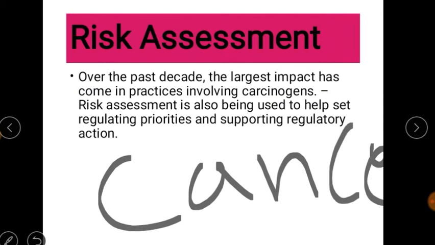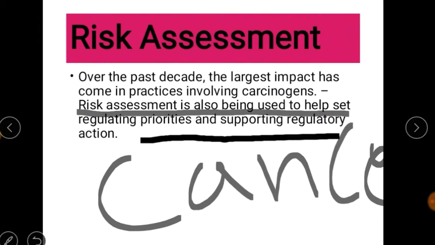Risk assessment is also being used to help set regulatory priorities and support regulatory actions. Risk assessment helps a lot to decide. Who will decide? The regulatory bodies, the authorities which can control the production, how much production should be there from that industry, what should be the level of that production. All these things are there.